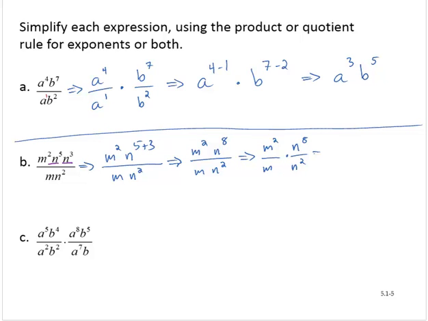Applying the quotient rule, that's m to the 2 minus 1 times n to the 8 minus 2, which is more simply m to the first power n to the sixth power. Recall that 2 minus 1 leaves us with an exponent of 1, which we normally don't write.